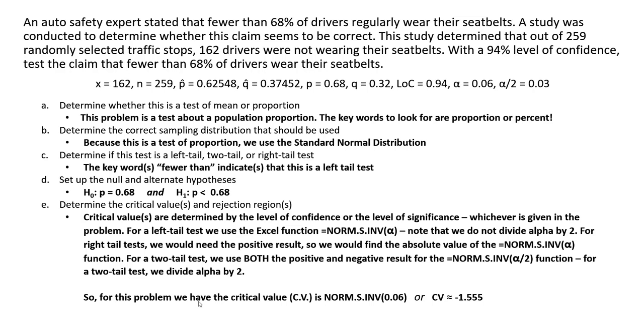So for this problem, our critical value is NORM.S.INV of 0.06, because that's what my alpha is. Or my critical value, after putting it on a spreadsheet, ends up being approximately equal to negative 1.555.